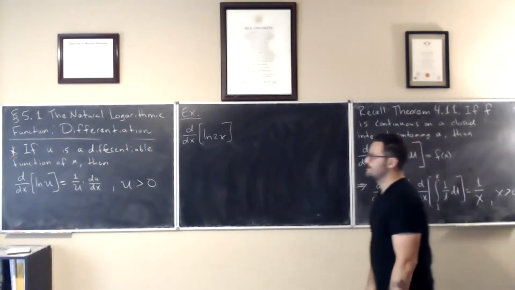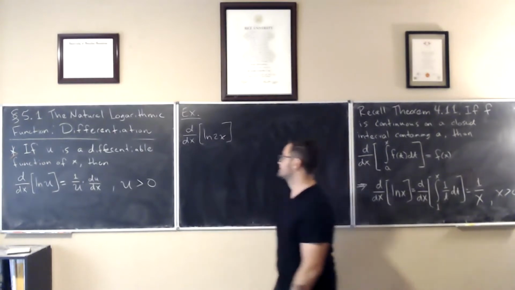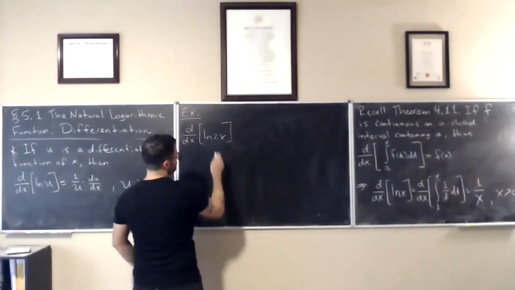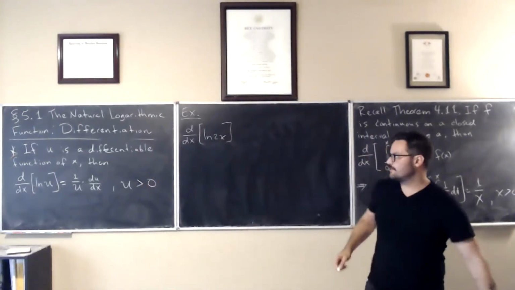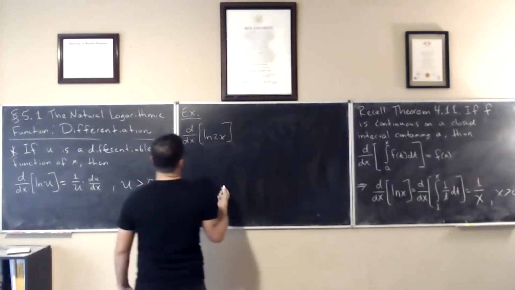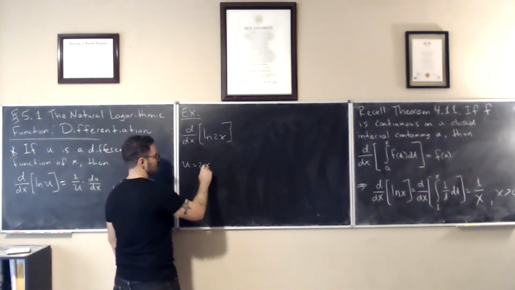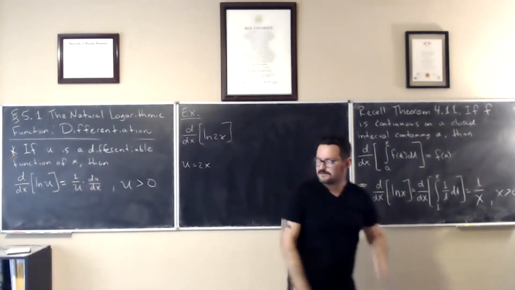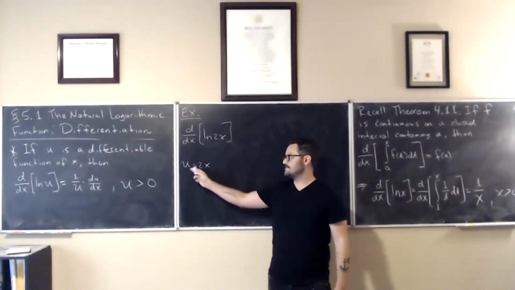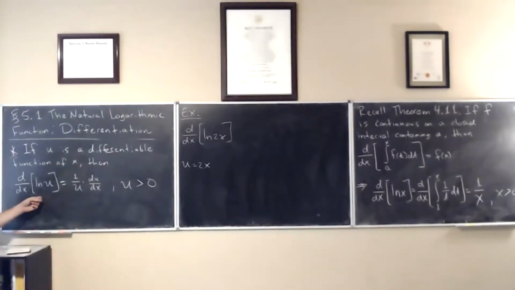Okay, so let's go ahead and break down this simple problem as much as we can. This is not natural log of x, this is natural log of 2x, right? So in this problem, you can think of u as equal to 2x. This is a function of x, right? u is a differentiable function of x, which means that it's subject to this bullet here.